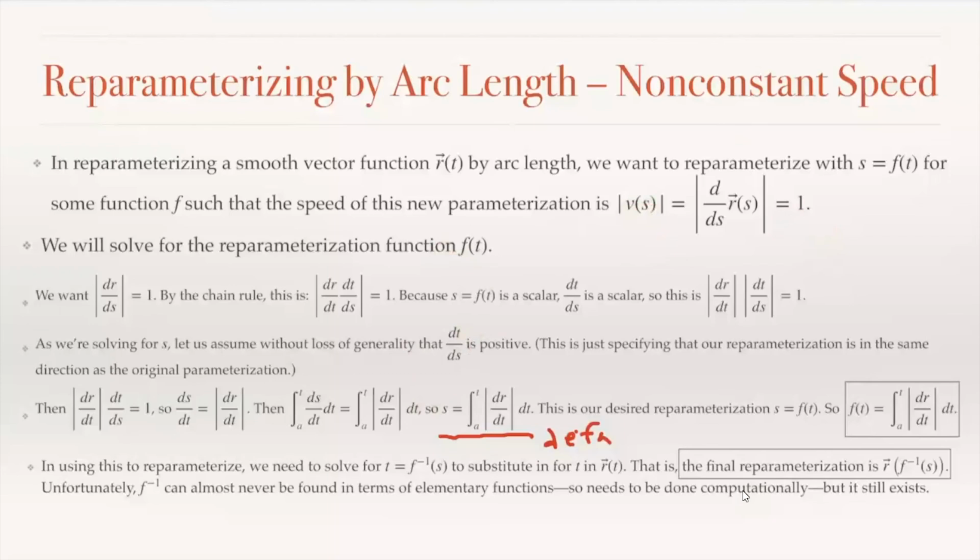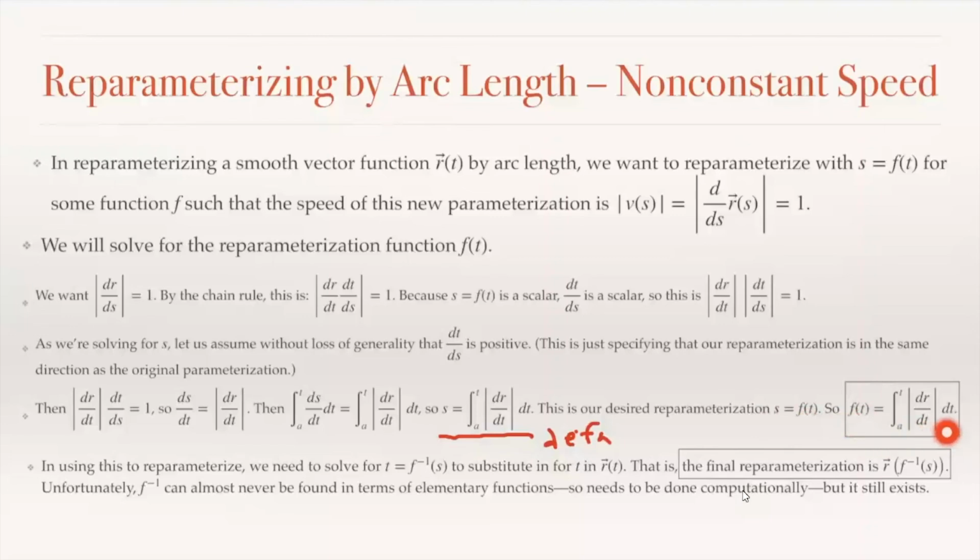We can do some derivations, but the point is that s is still the arc length, and that's the integral from 0 to t of the magnitude of velocity, which is just the speed, dt. So that's really our original definition of arc length, and that's our arc length parameter as well, since we're reparameterizing by arc length. But s is f of t, so what that means is that f of t is this guy.